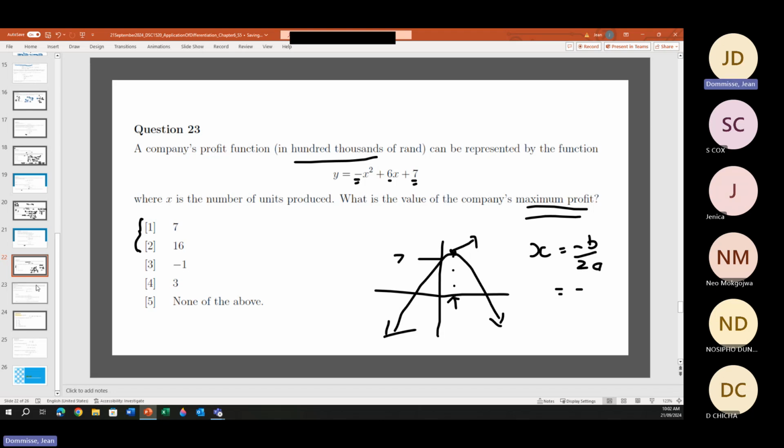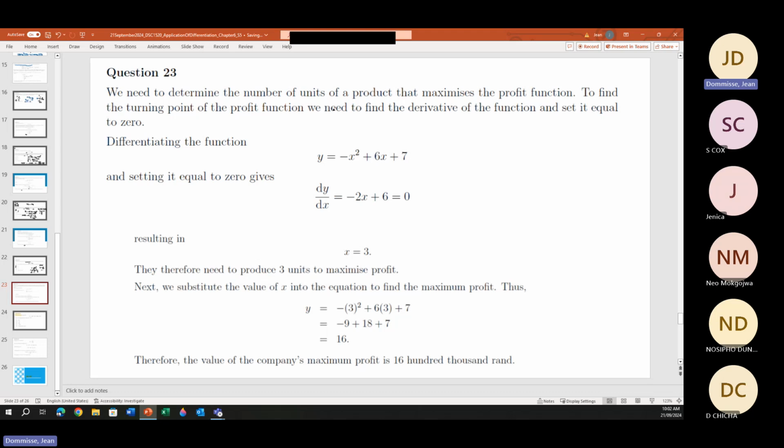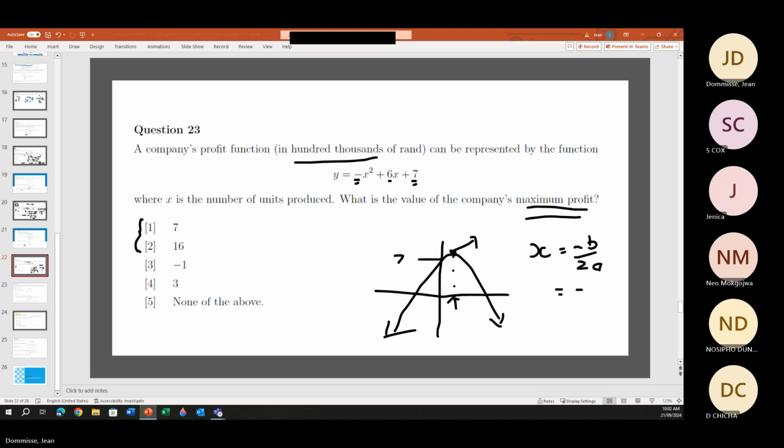Let me just check my notes, I can't remember it off the top of my head. Yes, minus b over 2a, and a is 1.